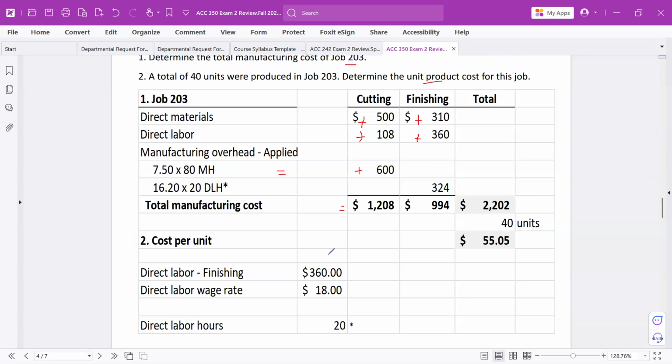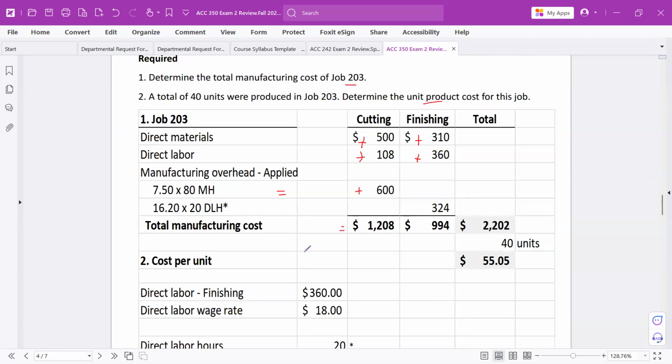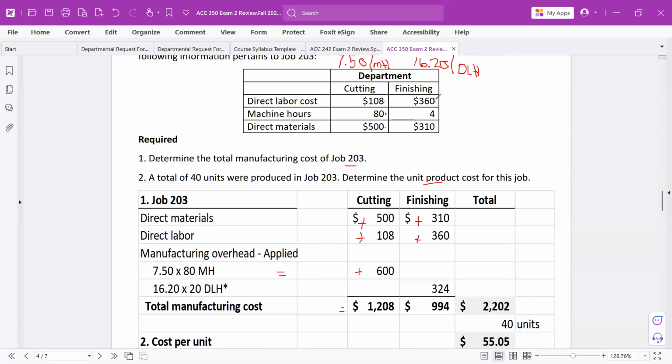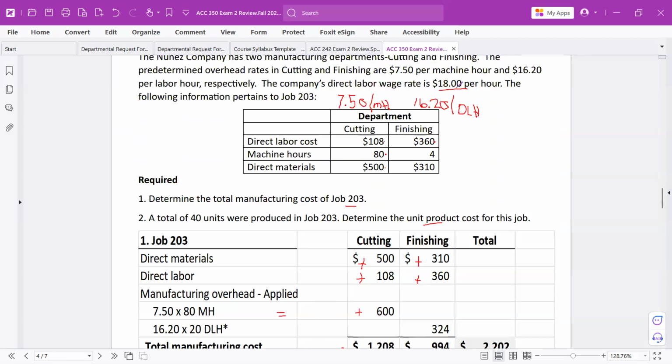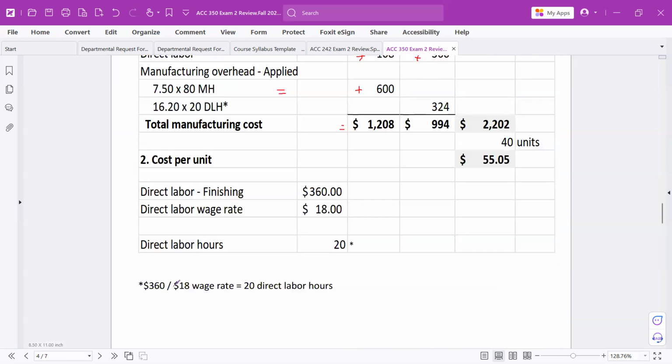So we can always find out the number of hours by taking the total cost of the labor divided by the wage rate. So again, the labor cost is 360 and the wage rate is 18. 360 divided by 18 gives us 20 direct labor hours.